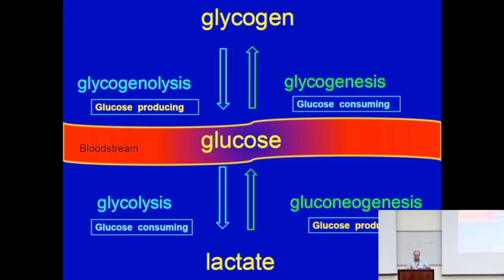You store it in 2 distinct organs: liver and muscle. How do you store it? You store it as a large polysaccharide called glycogen. So one use of blood glucose is to store it for later use in the form of glycogen. So that process consumes glucose.